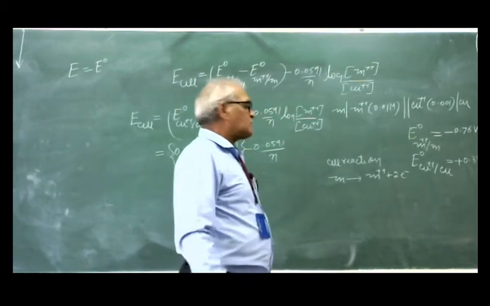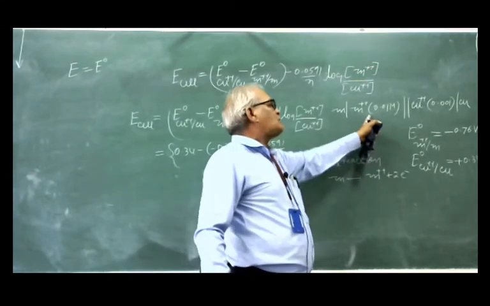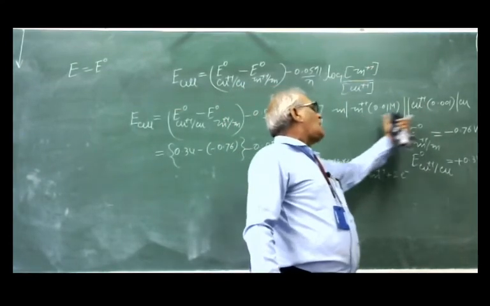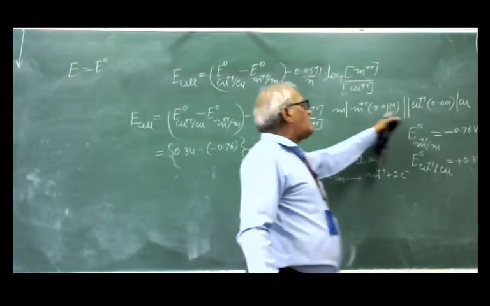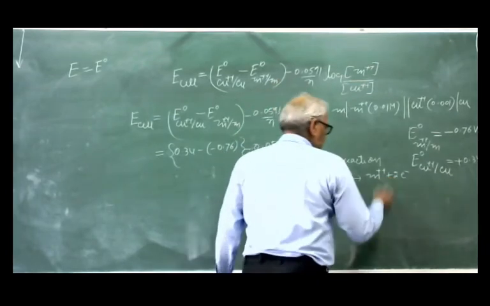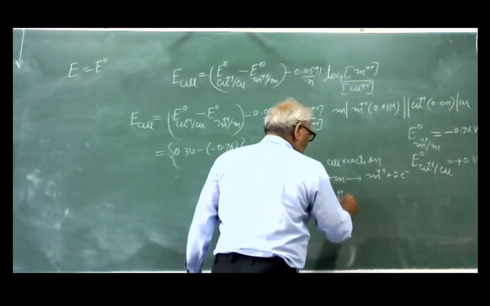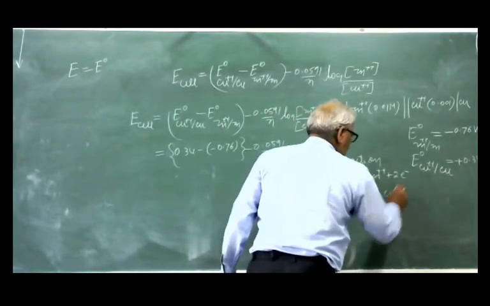Oxidation takes place in this compartment. This is one half cell, this is the another half cell. So here oxidation takes place, here reduction takes place. Now copper ion plus 2 electrons will be copper metal.